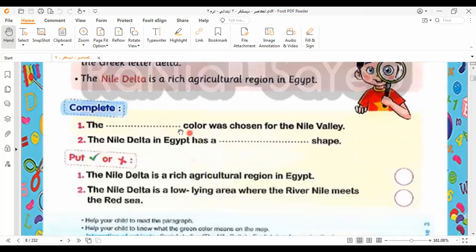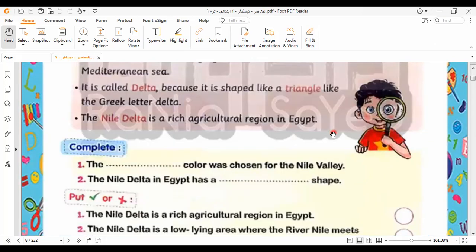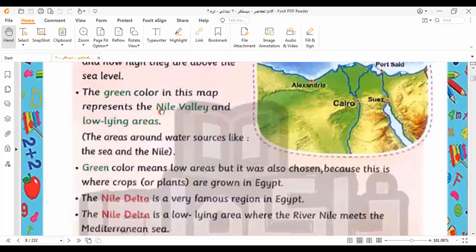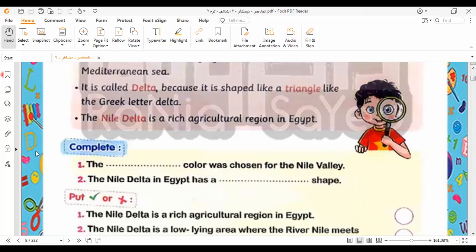Okay, the color chosen for Nile Valley. Which color do we use for Nile Valley? Green. So I will write here green color. The Nile Delta in Egypt has a shape. The shape is triangle.